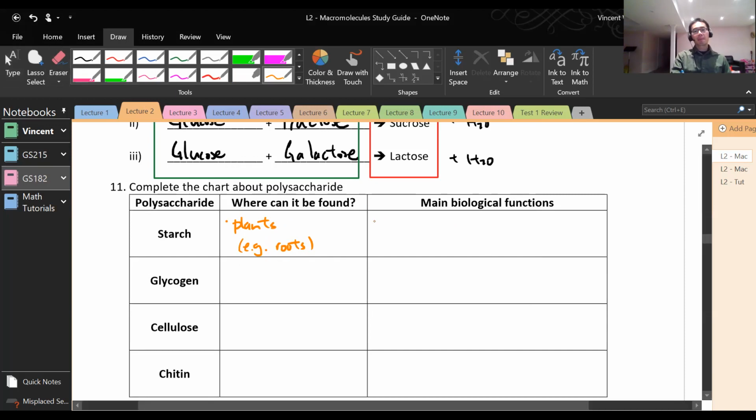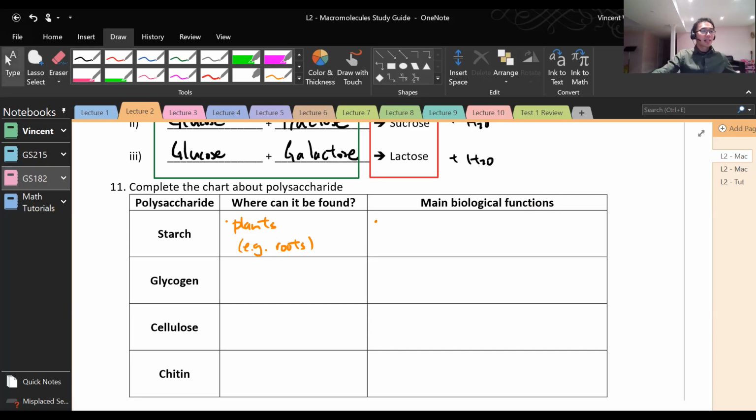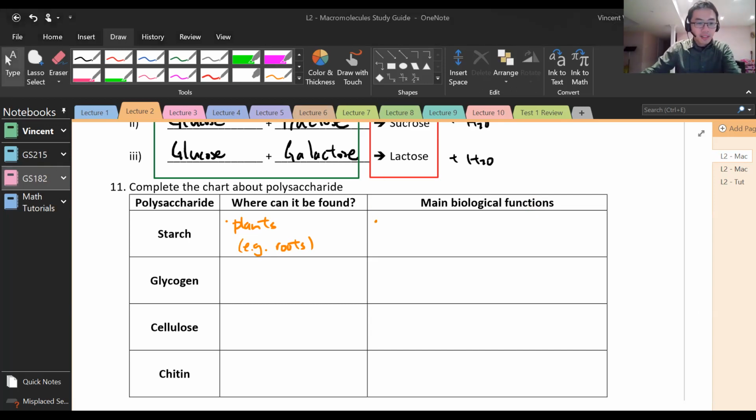Would cassava be one? Cassava, no, I don't know what that is. Is that some kind of plant part? Maybe you can type it in the chat box and then I can do a Google image. Cassava. What is that, guys? Let me see. Now you got me curious.